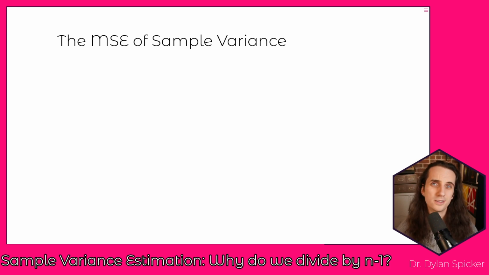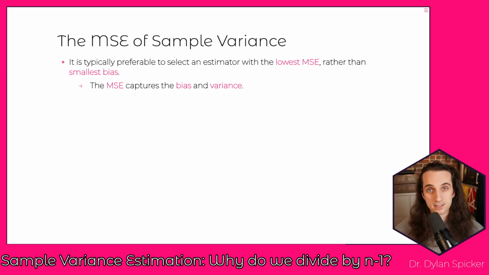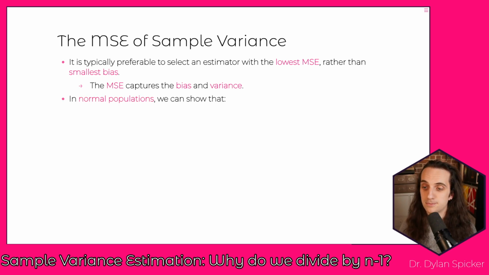So instead of tackling this problem in general, we're going to think about one specific case. But the general idea is that rather than thinking about the lowest bias estimator, what if we thought about the estimator that has the lowest MSE? The MSE captures both the bias and the variance. If we take the lowest MSE, then in some sense we're getting the best possible estimator.